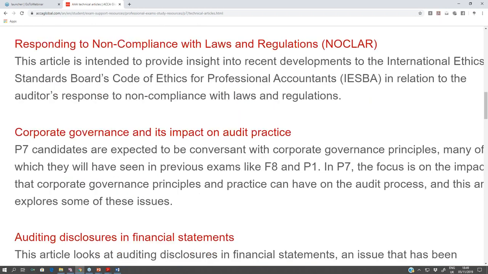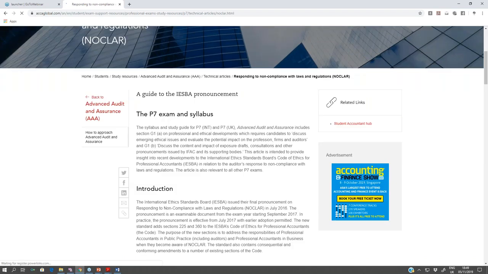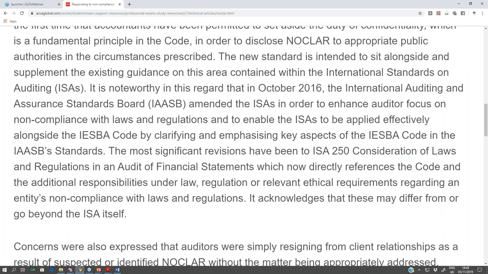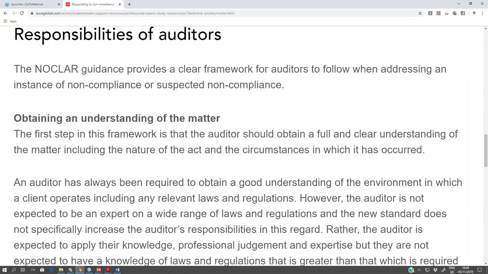And when you go into this article, the focal point of the article is responsibilities of an auditor. Now, if you see an exam question where there is a non-compliance, as an auditor, what is your responsibility? So examiner is more interested to know what is your responsibility as an auditor of this company when you got to know from Len that there has been a non-compliance.